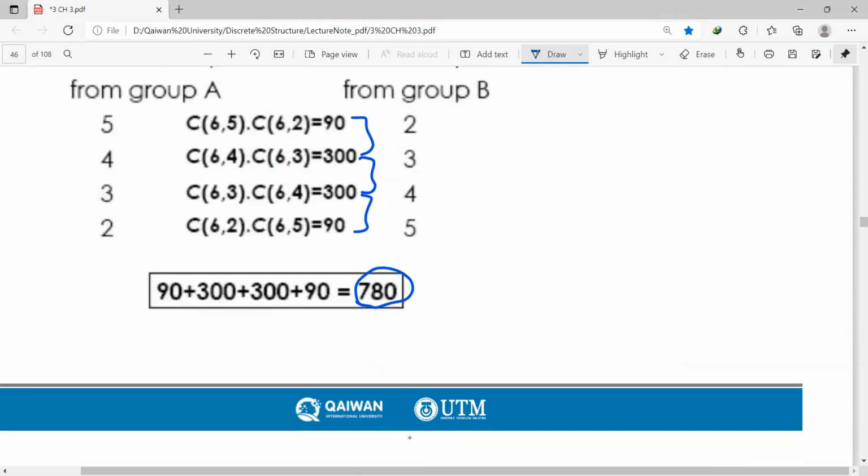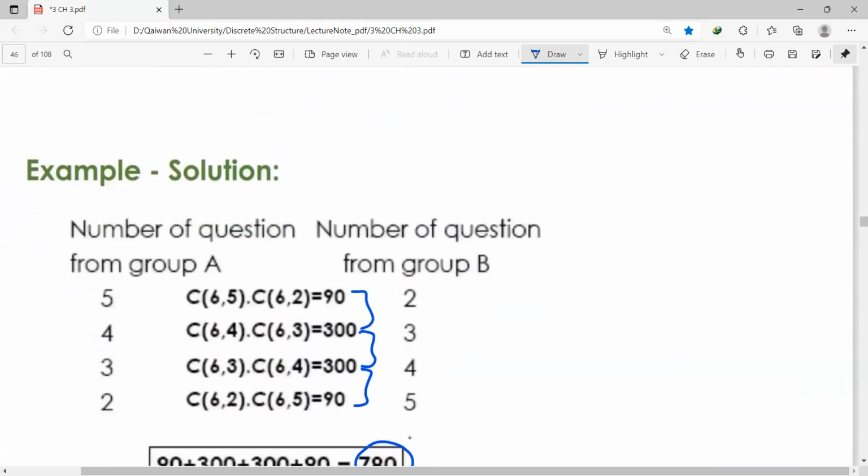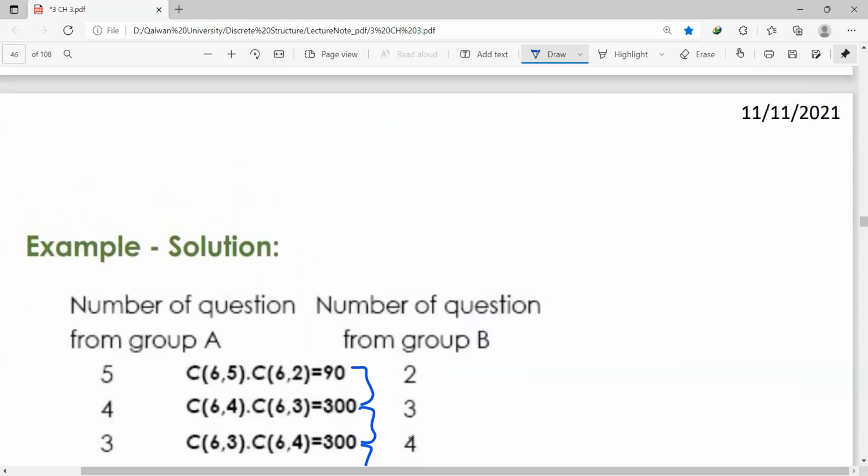So that means the student can answer the 7 questions in 780 ways, such that not more than 5 questions from each group. Okay, this is the number of ways that the student can answer the questions. Do you have any question about that?